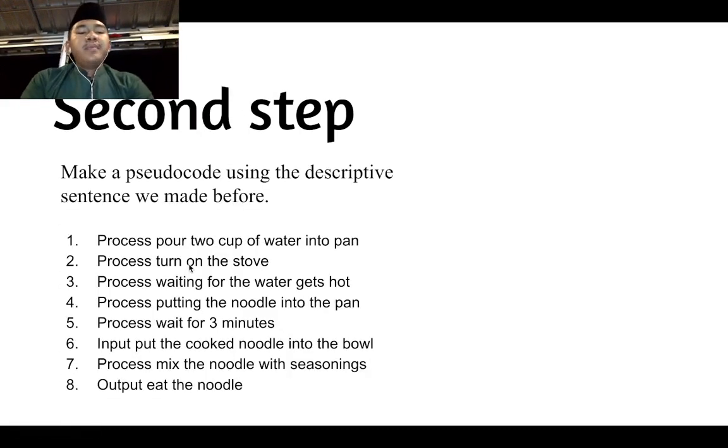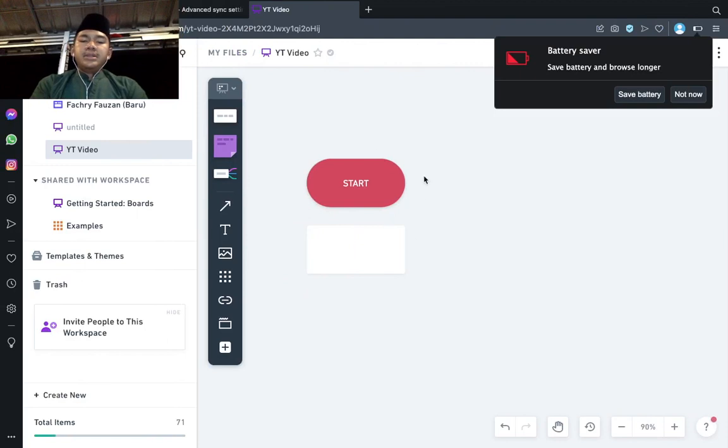The pseudocode sounds like that, but more simple. Like first process, pour 2 cups of water into the pan, and process, turn on the stove. Those words, process, input, process again, and output, each has a meaning of a shape that we use in our flowchart, like this shape.